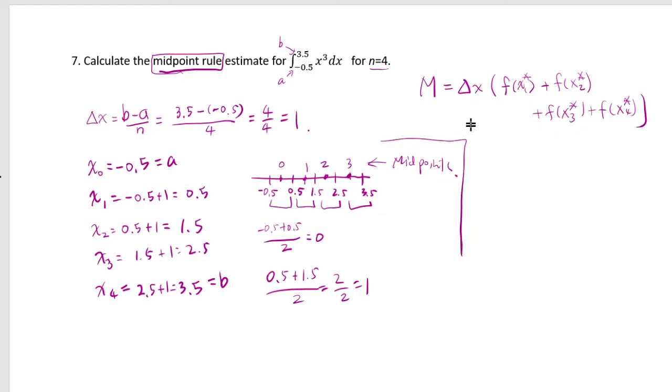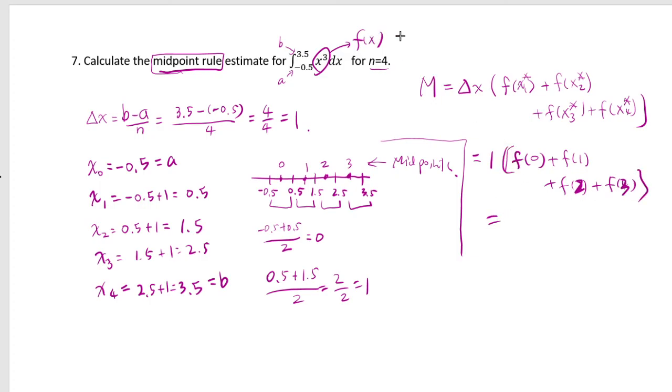Okay, so let's compute this. Delta x we just calculated to be 1, and this is our f of x. Let's first write down what x1 star is. The first interval's midpoint is 0, right? So this is x1 star, x2 star, x3 star, x4 star. So it must be f of 0, f of 1, f of 2, f of 3.